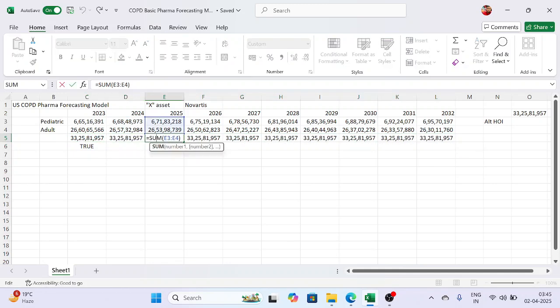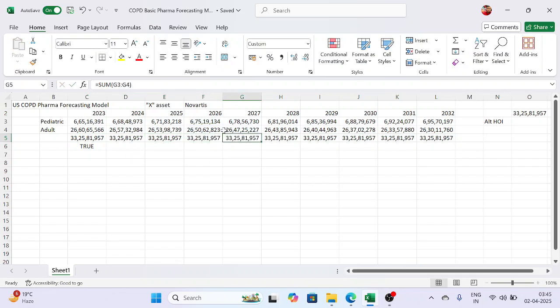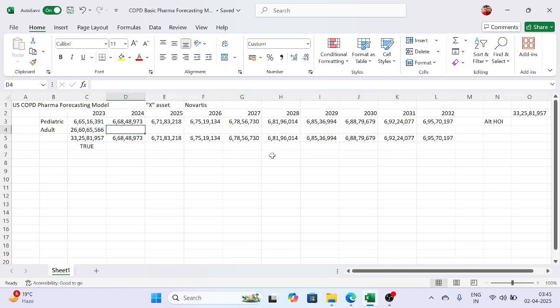population, but this is not the ideal way. You see, this way the pediatric population is growing, but this number is decreasing simultaneously. So now, to fix that, we can simply put the same formula here.